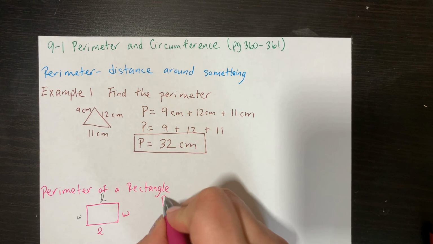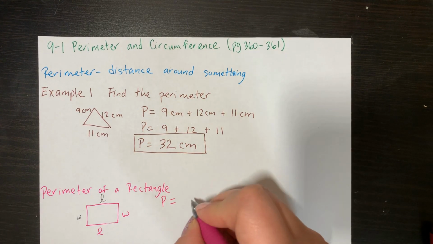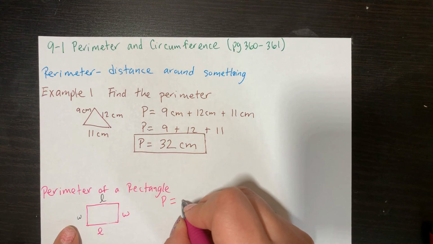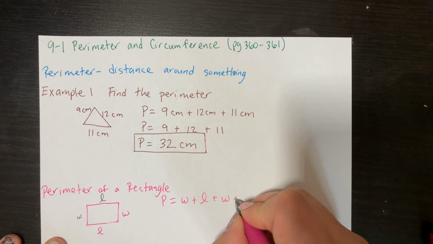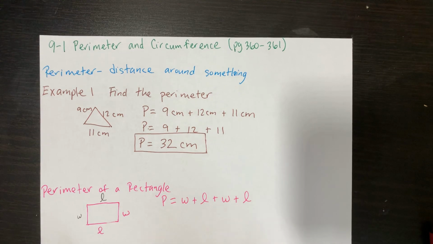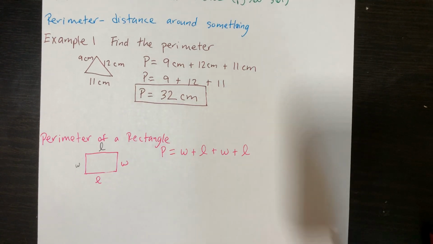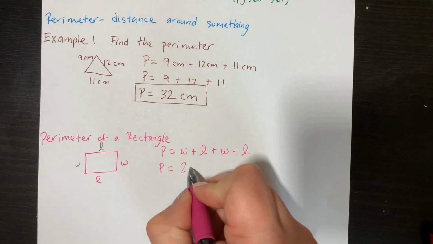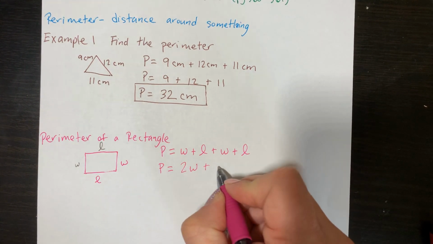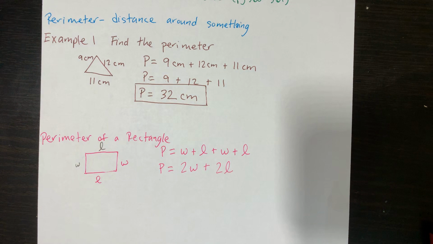So we could do that perimeter equals W plus L plus W plus L. Or you could notice that we have 2 W's plus 2 L's.